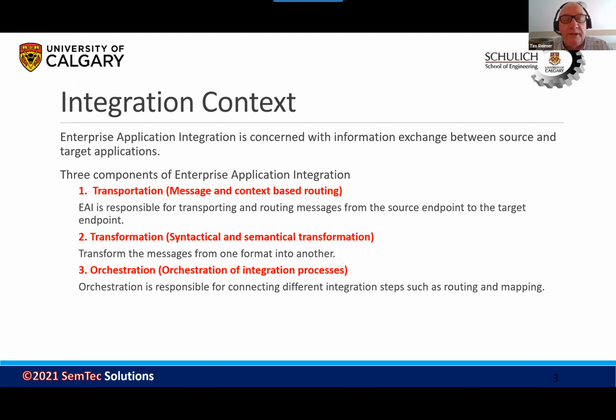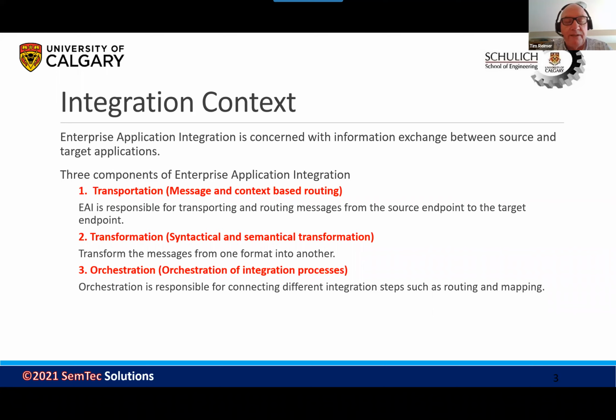There's a transportation piece, where we send messages from point A to point B. The transportation component is primarily focused on routing, and we differentiate between contextual and message-based routing. The second part is transformation. That's the translation of the data, and here we divide it into syntactical and semantical transformation.